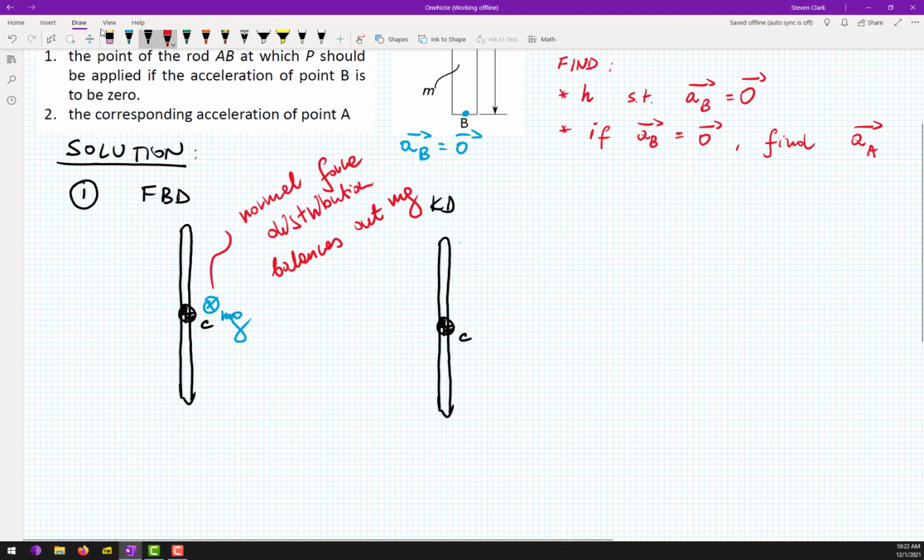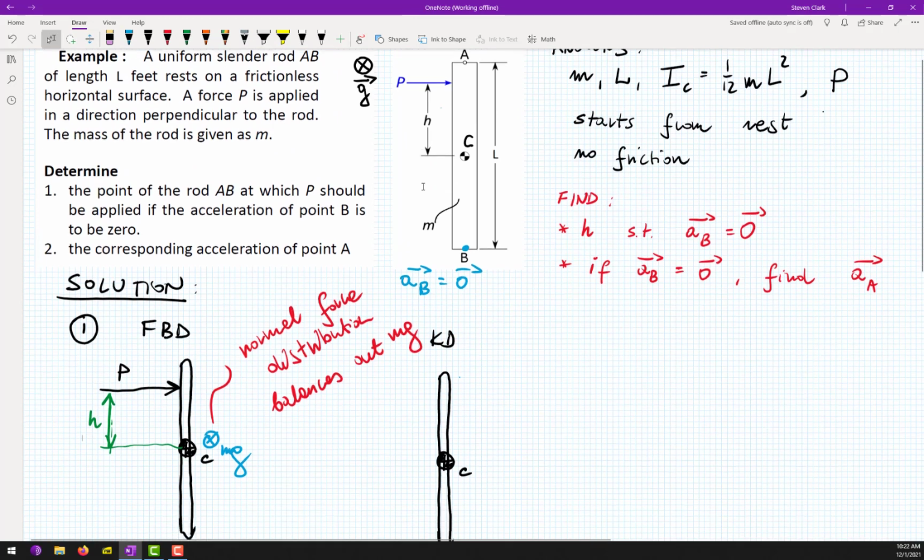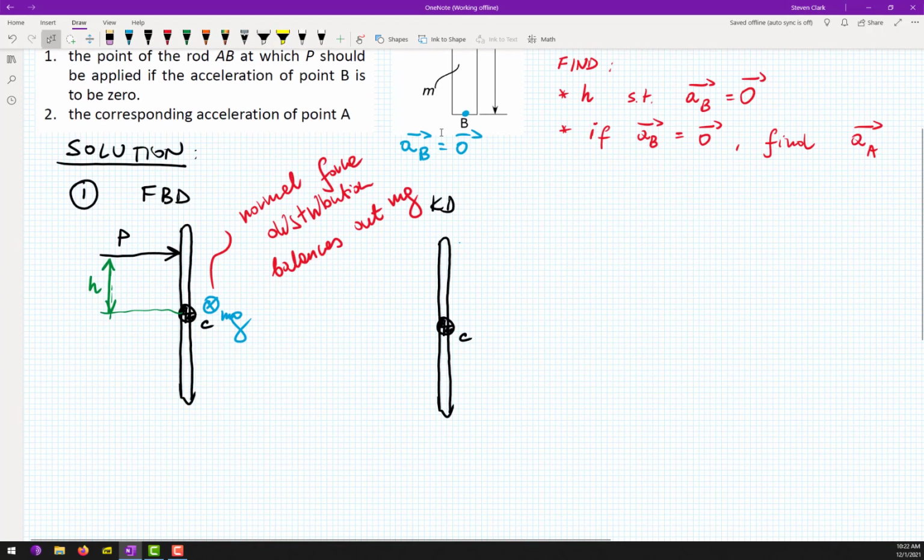Okay, and is there any other force acting on our system? Ah, this one. This is h, and this is L. That's all.